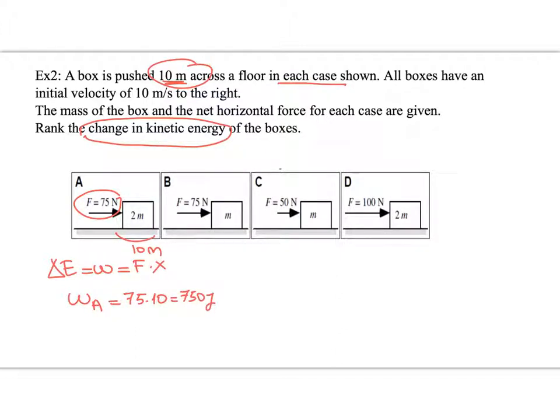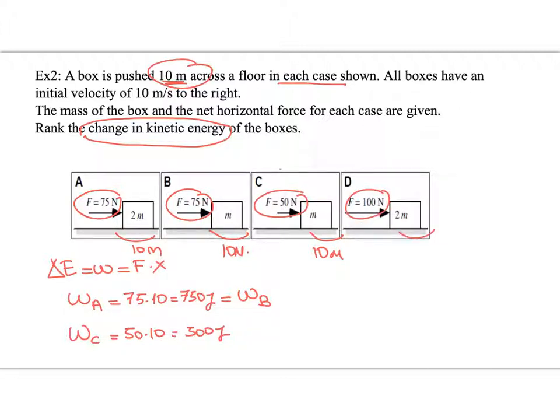750 joules. In B, the force is the same, distance 10 meters, so it is also equal to the work done on B. In C, the force is 50 newtons, again displacement 10 meters. So the work done on C is equal to 50 times 10, 500 joules. And in D, the force is 100 newtons, the distance 10 meters.